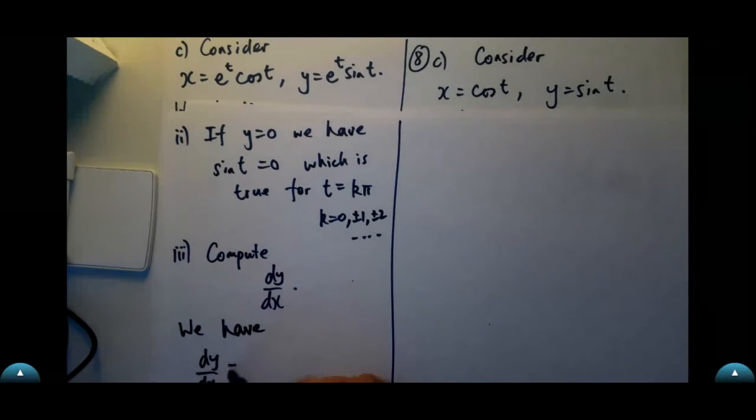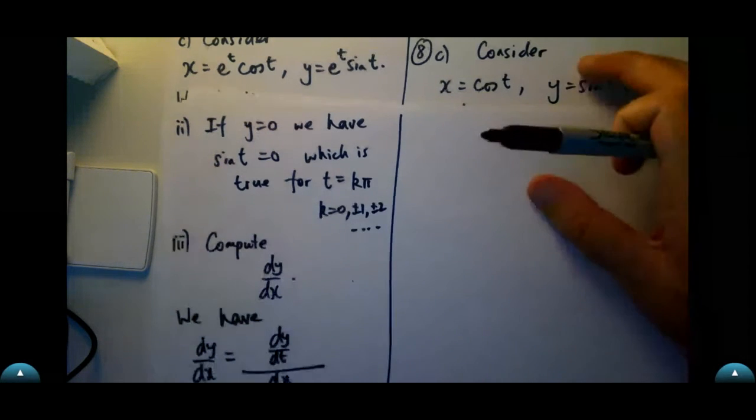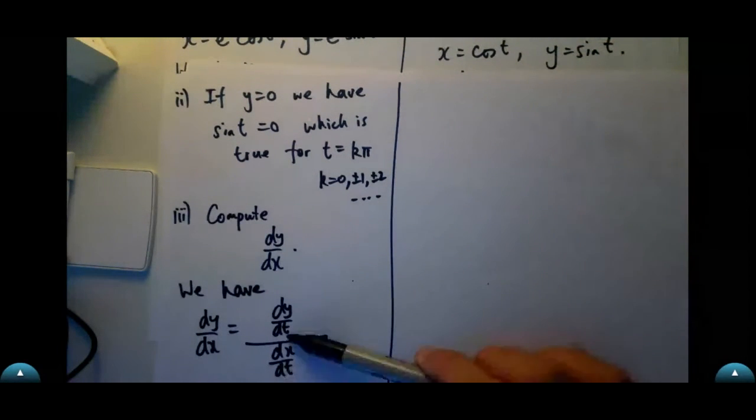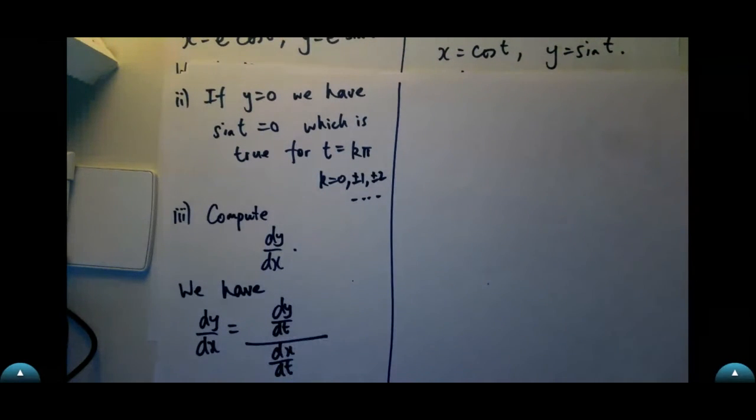So you can write this as the following combination. You can think of these dt's as cancelling and sort of behaving a bit like fractions.